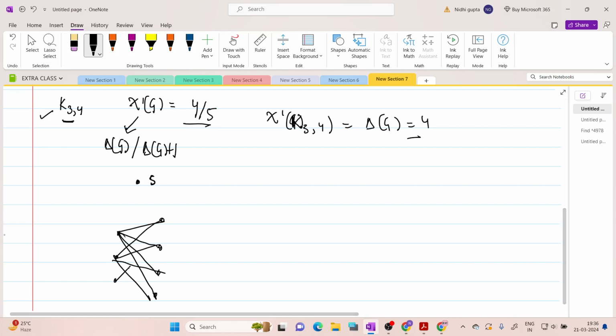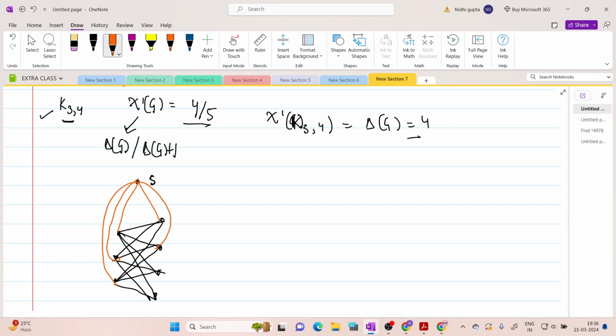Now the new graph has one vertex which is adjacent to all other vertices. So in this new graph, what is the maximum degree?